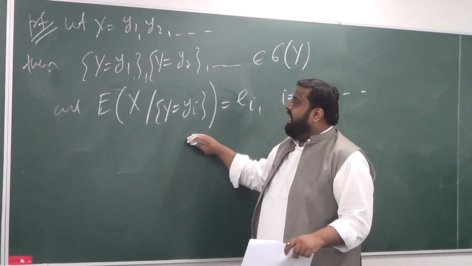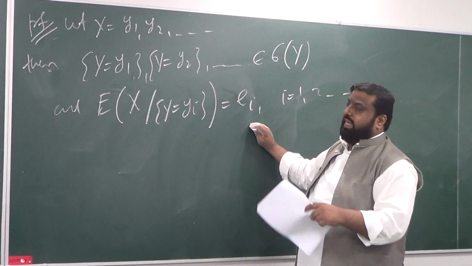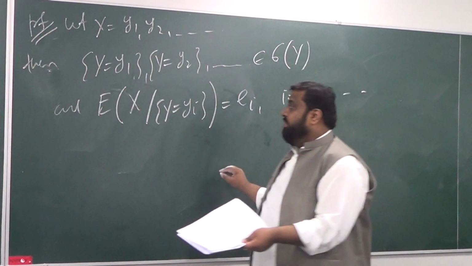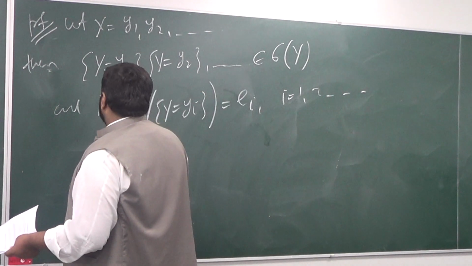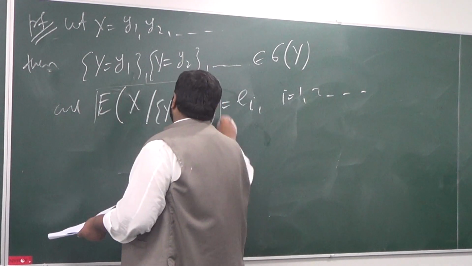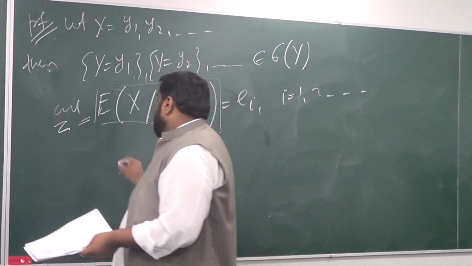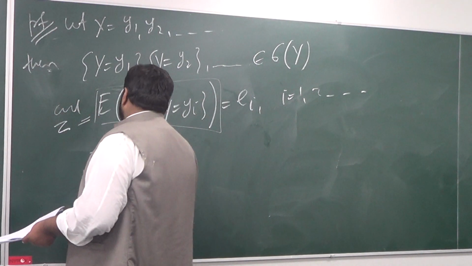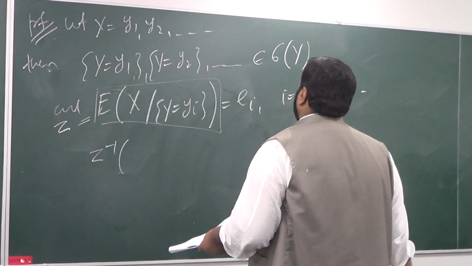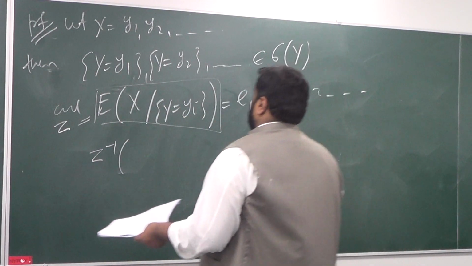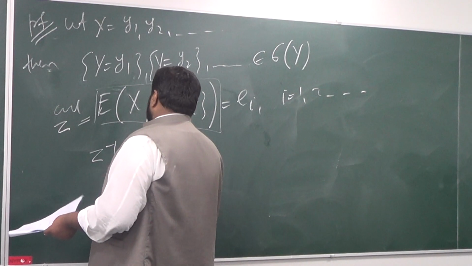Now why is this guy measurable with respect to sigma of y? Because think about it. If I give this guy a name Z, and I consider the Z inverse of ei, what would be the Z inverse of ei?